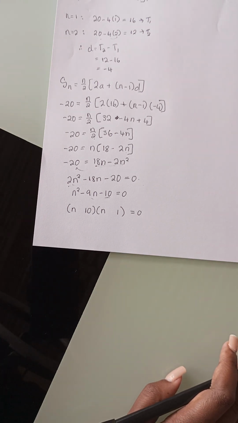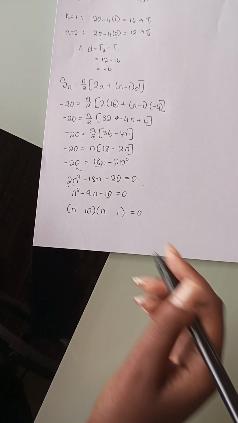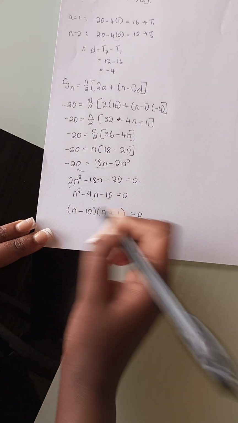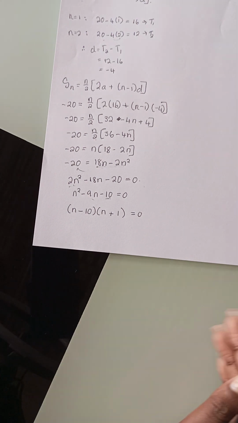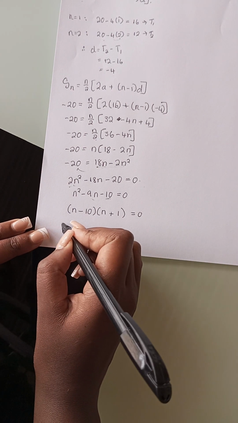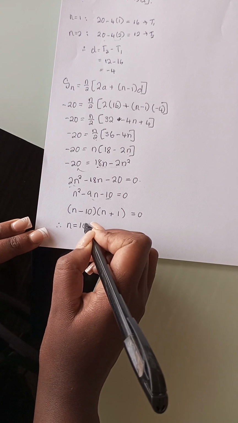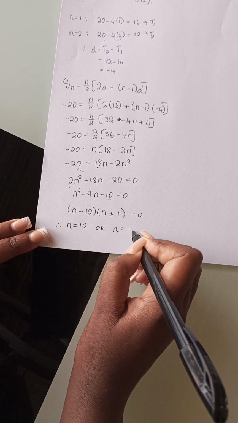So let's now look at the signs. We must get negative 9 and negative 10. So what if we say plus 1 minus 10? 1 minus 10 gives us negative 9, you see? So we factorized it.